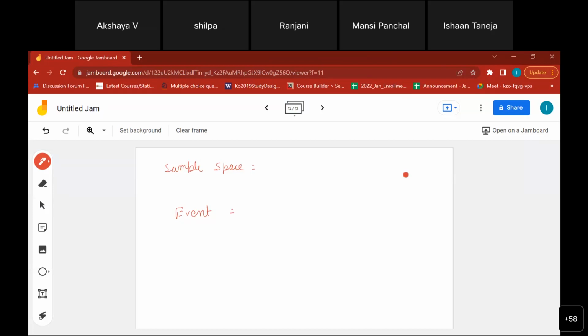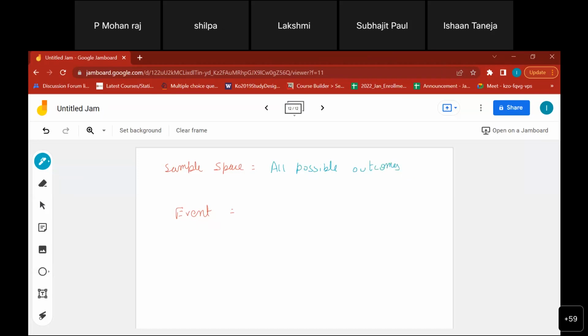Okay. So you are defining sample space using events, and then you are saying event is a subset of sample space. Then what is sample space? Possible outcomes. Possible outcomes of what? An event is a certain condition that would be met. So all possible outcomes of a random experiment, right?